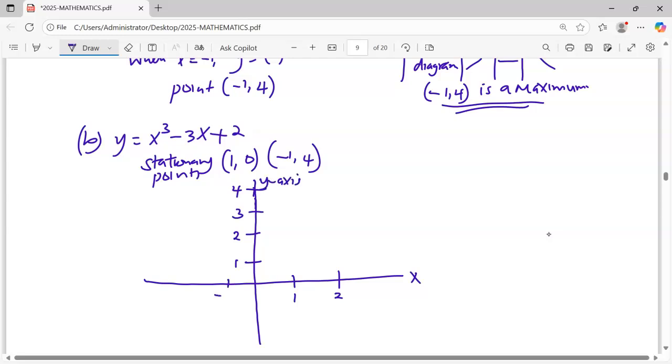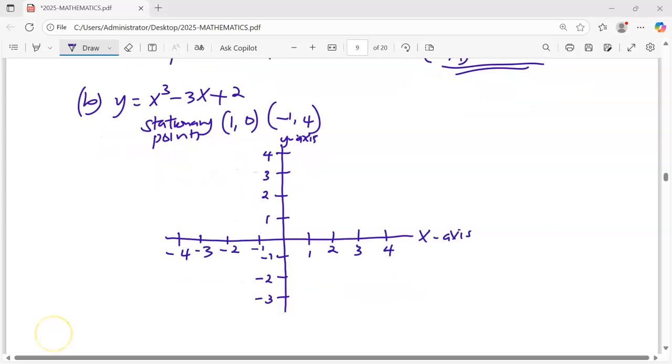Again, we have negative 1, negative 2. So once we have come up with a Cartesian plane, we are going to look at the stationary points. When x is positive 1, y is 0 at this particular point. And when x is negative 1 here, then y is going to be positive 4 at this point.